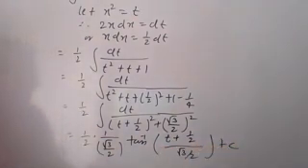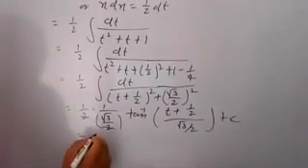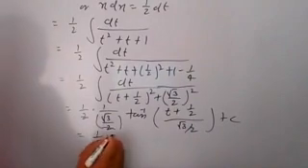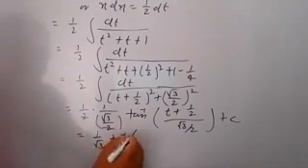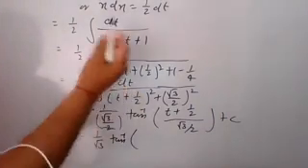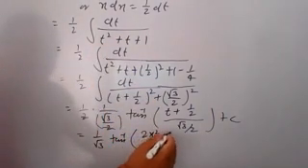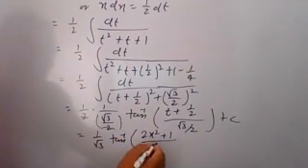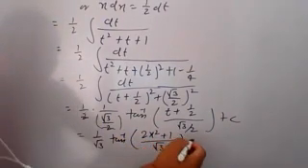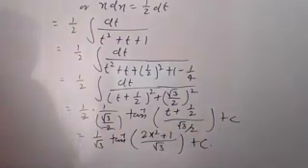Now putting the value of t and simplifying it also, this 2 and 2 cancel out. So you have 1 upon root 3 tan inverse. Your value of t is x square, so you write here (2x square plus 1) upon root 3, plus c is your answer. So this is your answer.